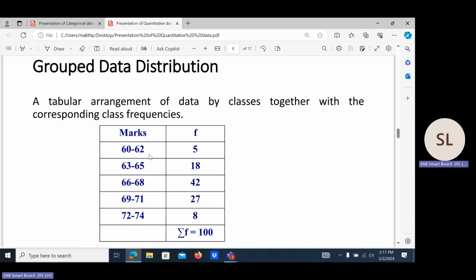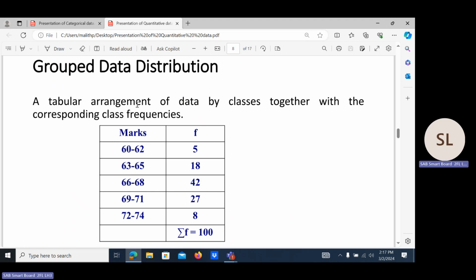Next, 63 to 65. How many students got that? 18 students. 18 students are in the range 63 to 65. Clear? Some students got 63, some got 64, some got 65. So there is a group.